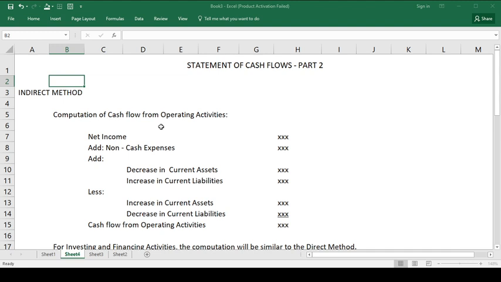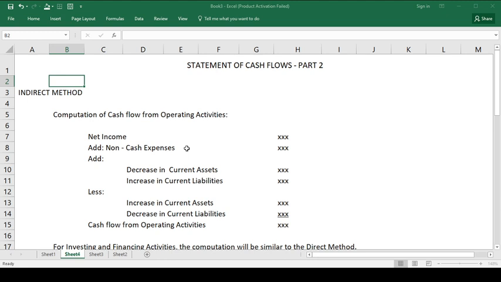The most common is the depreciation expense and the doubtful account expense or the bad debts. These are the most common examples of non-cash expense that we need to add back to the net income, para lumabas talaga kung magkano yung actual cash.